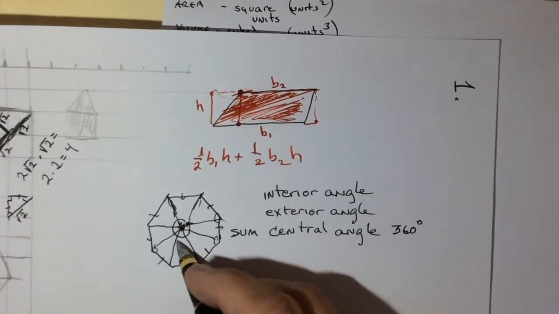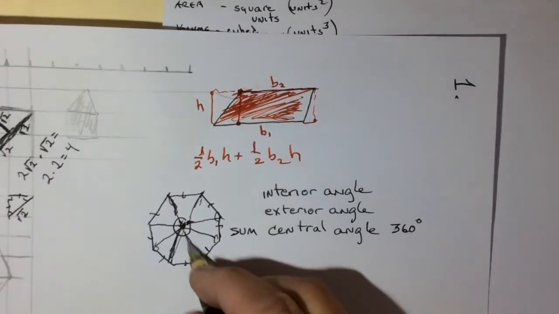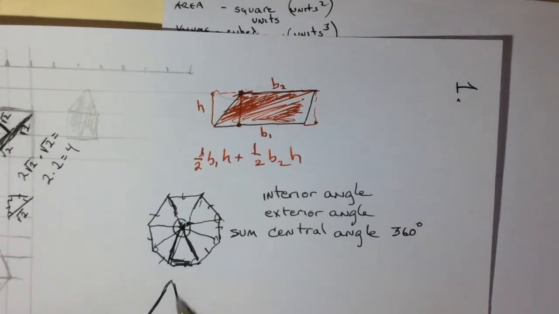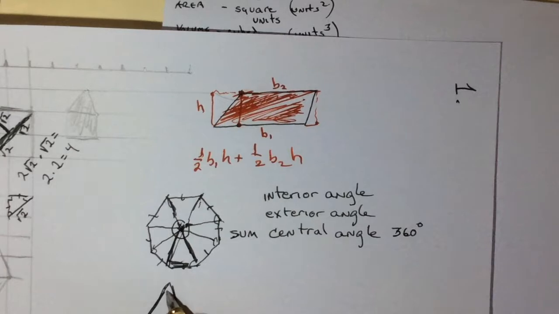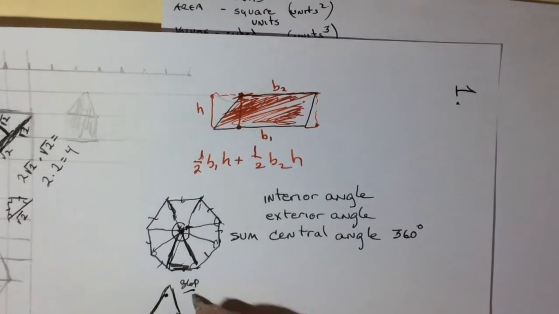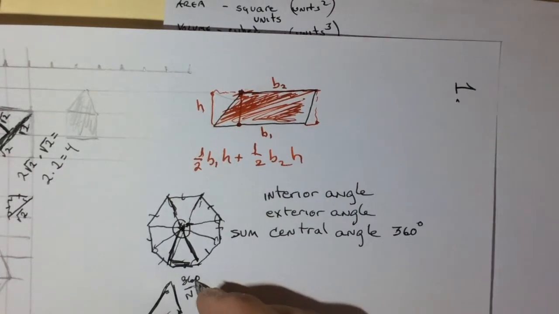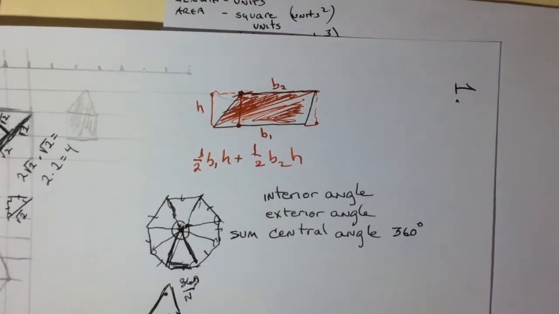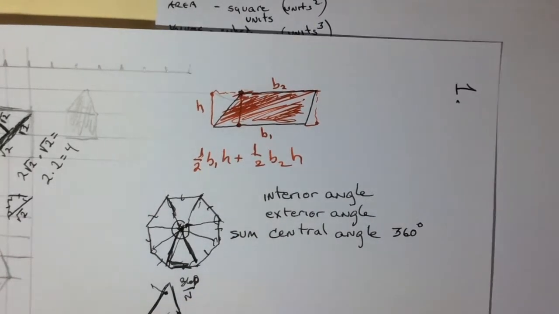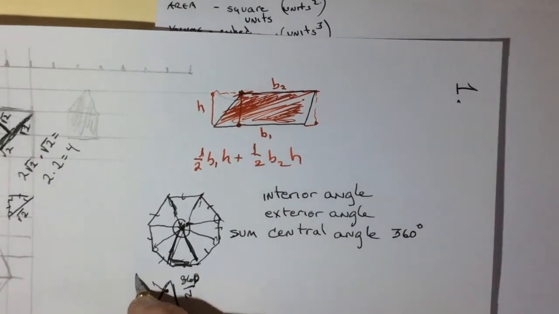That's how I can find the measure of one of these triangles' angles. This angle right here is going to be 360 divided by how many sides there are. In this case, this angle right here would be 45 degrees.